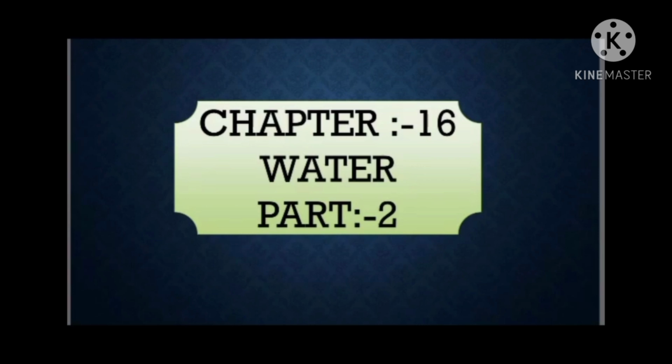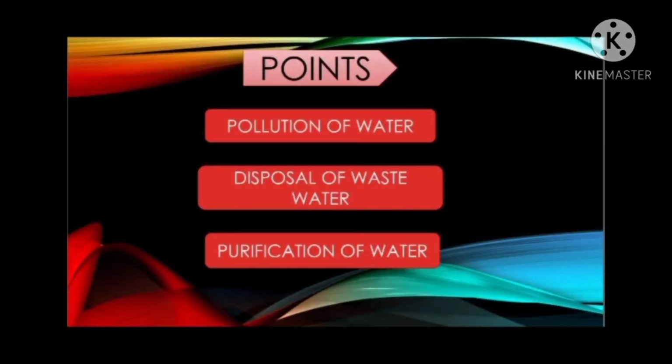Moving ahead with the same chapter of EVS 1, that is chapter number 16, Water. In the previous video, we discussed how water is getting polluted and the disposal of wastewater.